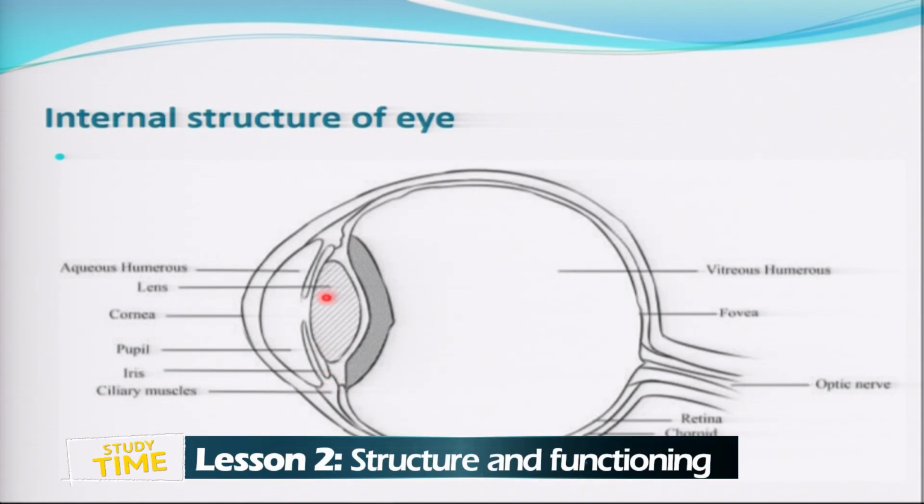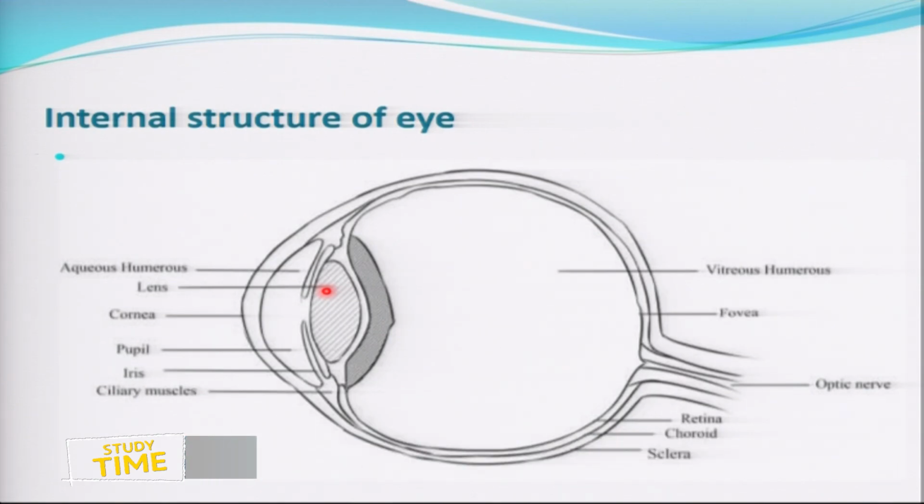And then we have the lens. The lens focuses the light so that you are able to see. Then you have the aqueous humor here. It is a fluid, and if oxygen needs to pass to the eye, it has to pass through this aqueous humor.